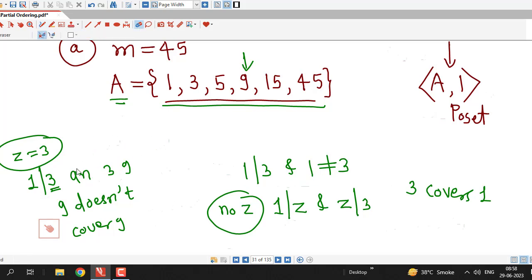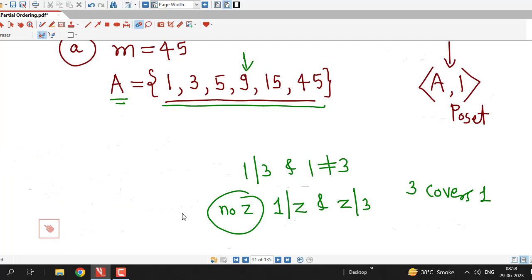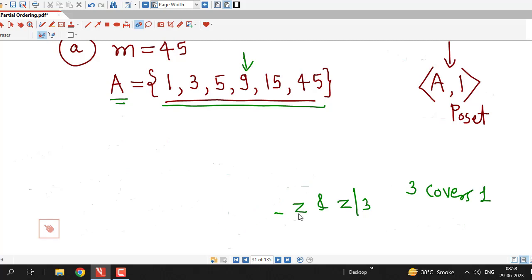So in this way we can decide covers of elements easily, and then we are able to draw the Hasse diagram. So here it is obvious that element 1 is covered by elements 3 and 5. So we have to draw the circles for 3 and 5 above the circle for element 1.